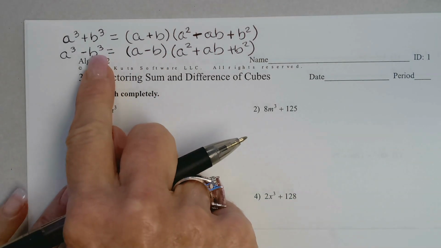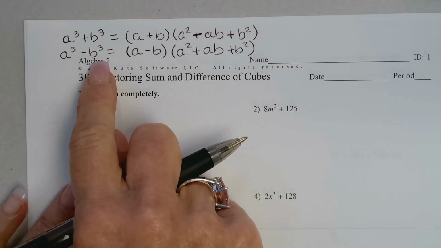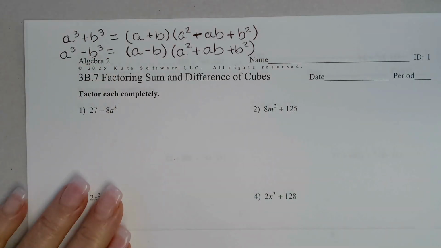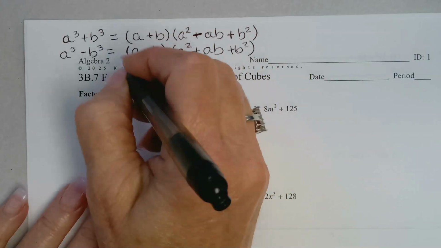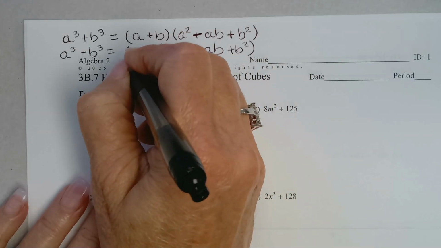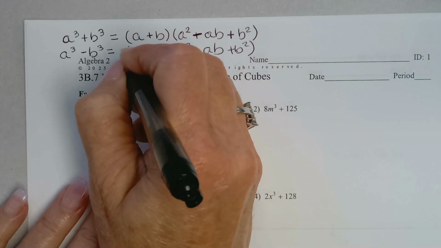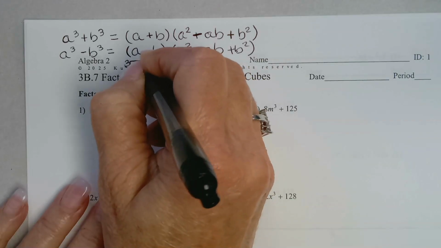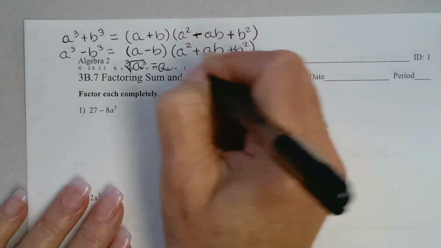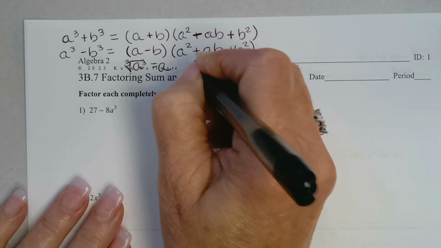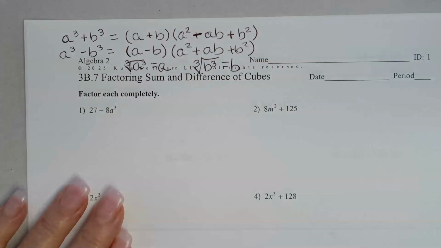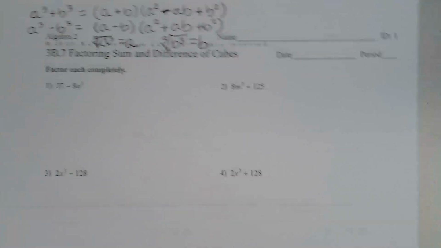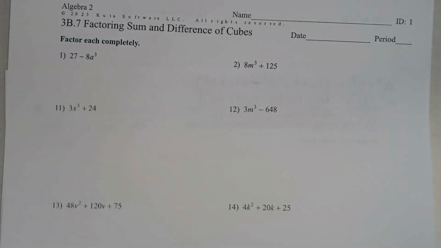So it's really important you have them written down in front of you so that you can find them very easily. So we're going to need to be able to find the cube root of a cubed, which is a, and the cube root of b cubed, which is b. And on the calculator, I will show you how to do that.